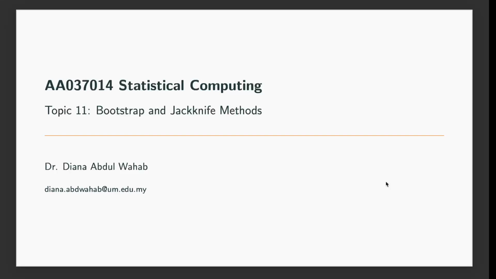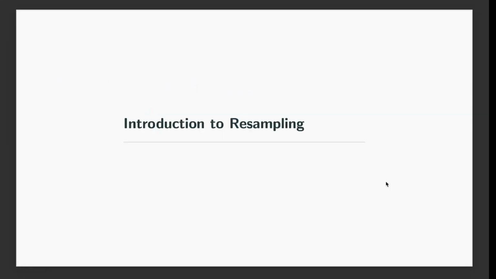So if we want to talk about resampling, first I want you to understand what it means. Let's take a step back and revisit what you have learned in the previous statistical course. You may have learned something like this: assume that the data come from a normal distribution, and then we can derive some exact formulas for the confidence interval and hypothesis testing.